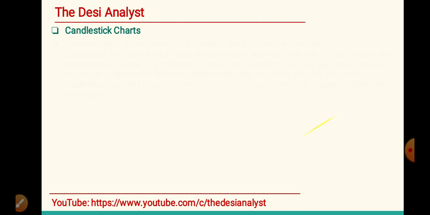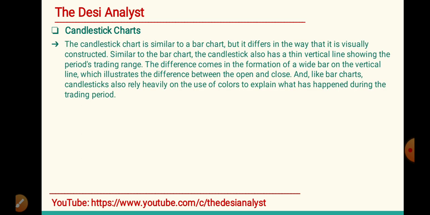Candlestick charts. The candlestick chart is similar to a bar chart, but it differs in the way that it is visually constructed. Similar to the bar chart, the candlestick also has a thin vertical line showing the period's trading range. The difference comes in the formation of a wide bar on the vertical line, which illustrates the difference between the open and close.